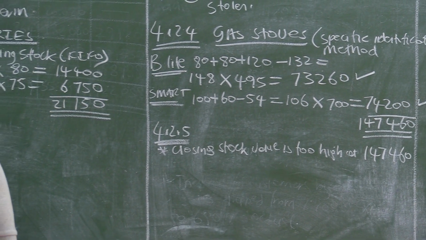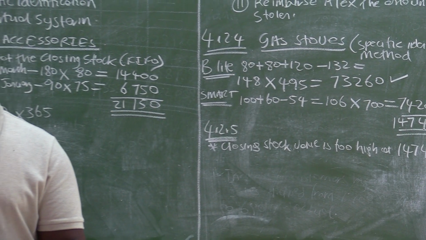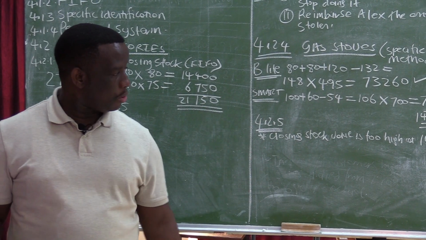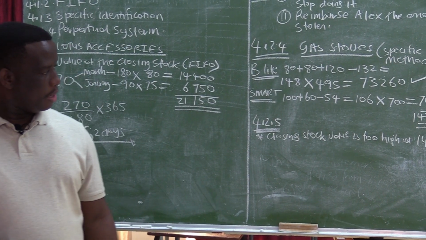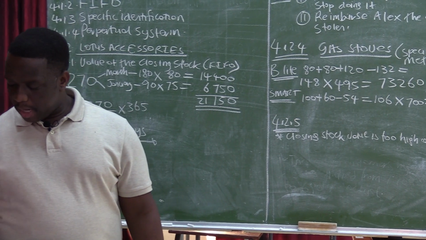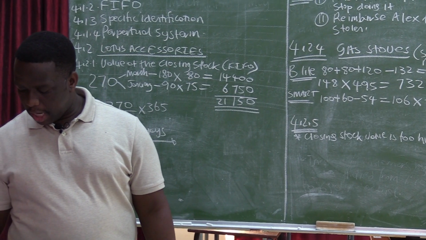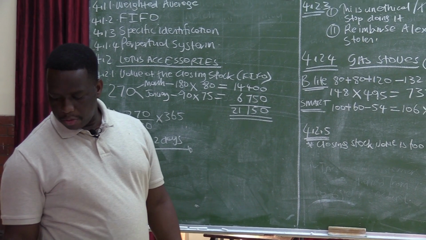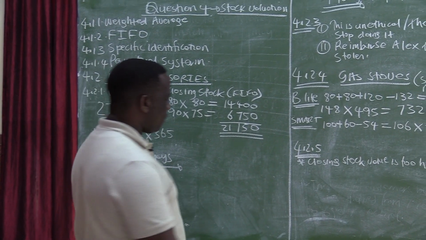Alex thinks he should stop selling gas stove as they are causing a liquidity problem and the profit is low. Yes, the value of the closing stock is 147,460. And if you look at the markup percentage achieved, for B-Lite is 60% and for Smart is 40%.